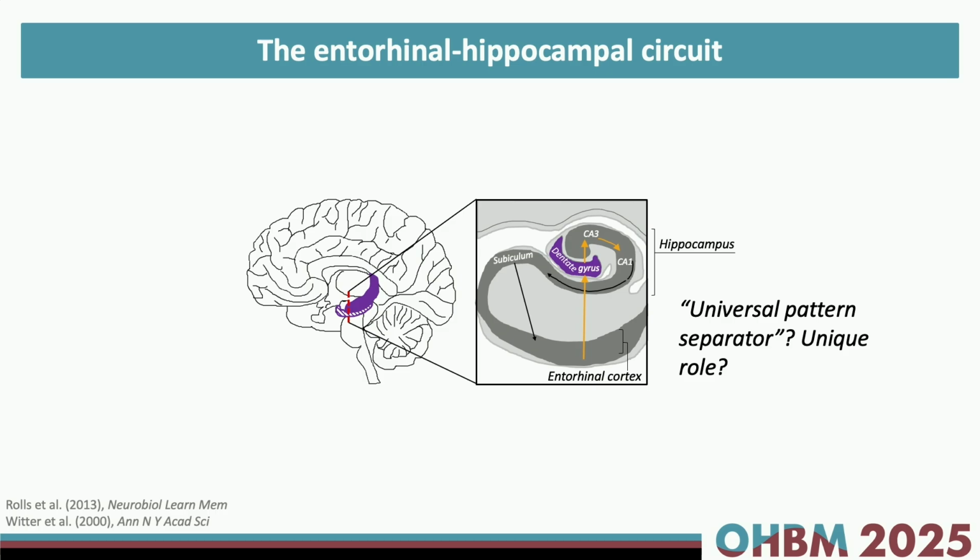But it's really difficult to tell this apart from CA3 signals in the 7 Tesla scanner, in the 3 Tesla scanner. So ideally we would want ultra high resolution imaging, because it has not been shown as clearly that this universal pattern separator profile is actually the case in humans.